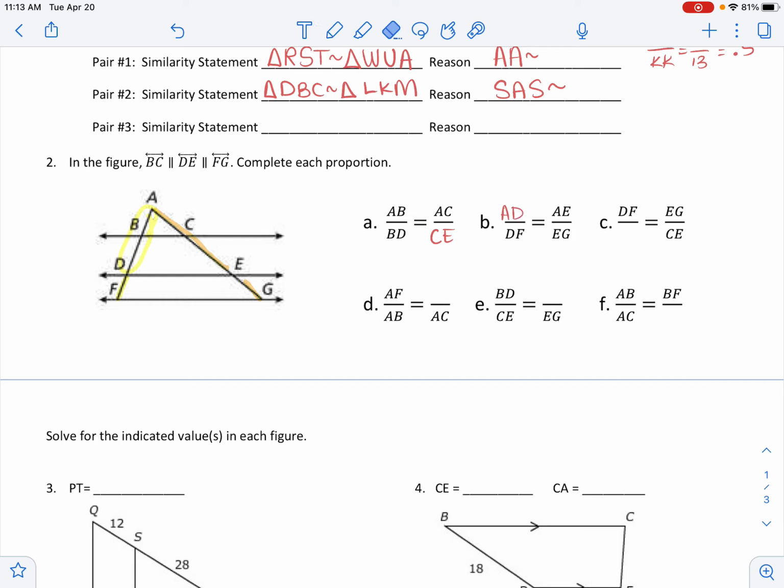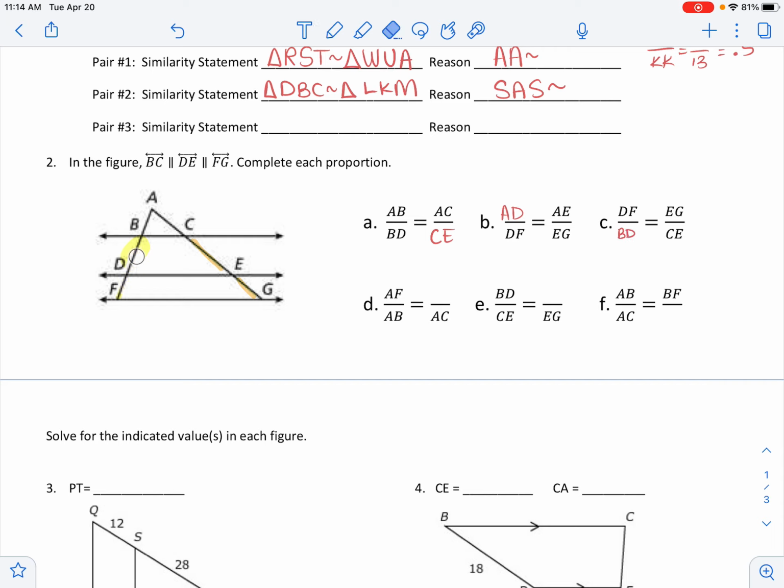All right, the next one is DF over blank equals EG over CE. So we're just doing those smaller pieces here. So I want just this smaller piece right here to complete the picture. I'm going to do BD.